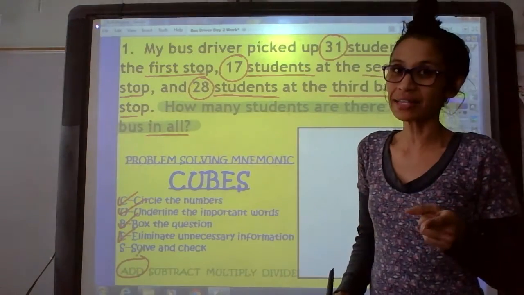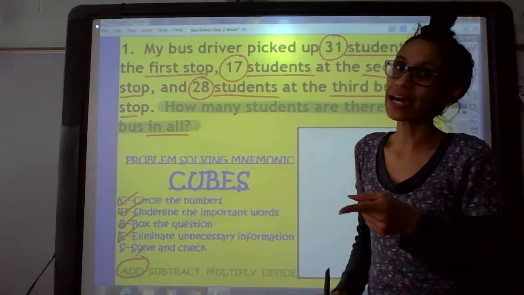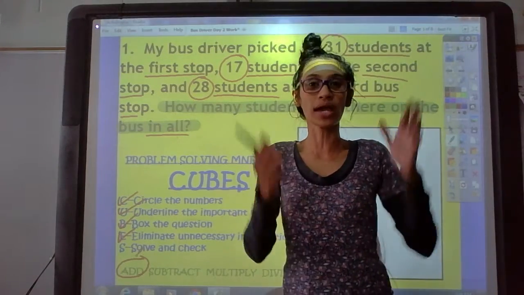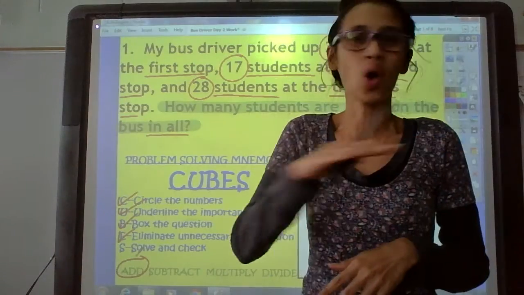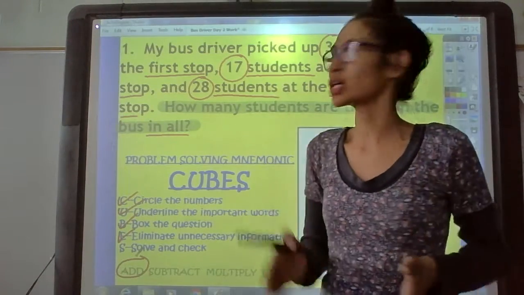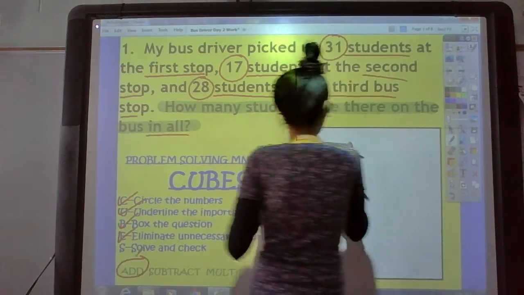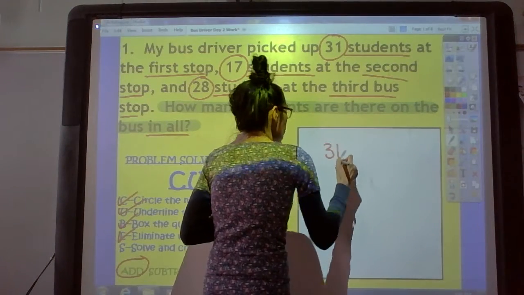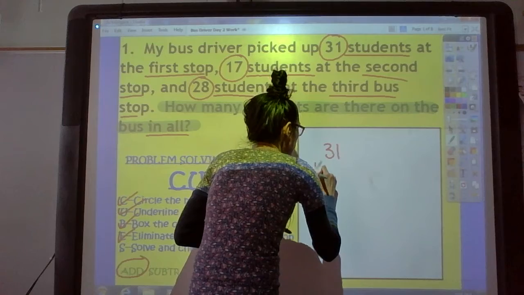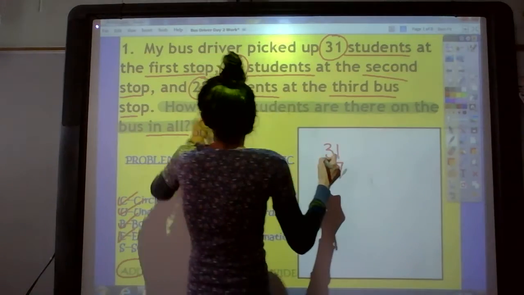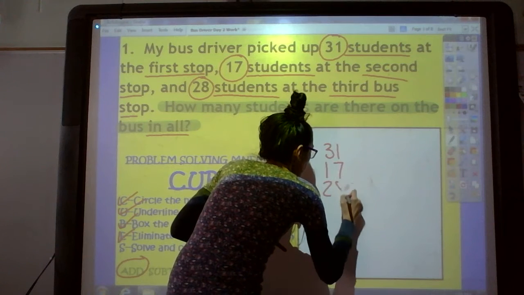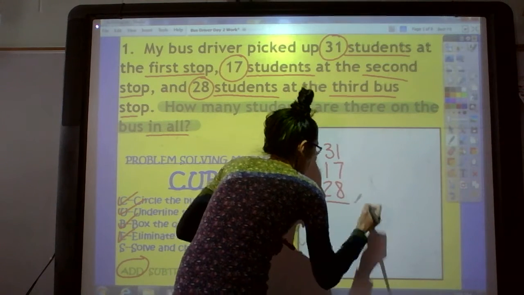So are you ready to add? Okay, to add, we need to write the numbers which way? Vertically, up and down, not horizontally, but vertically up and down. So we have 31 plus 17. Oh, no. 17 and 28. And we need to add all those numbers together.